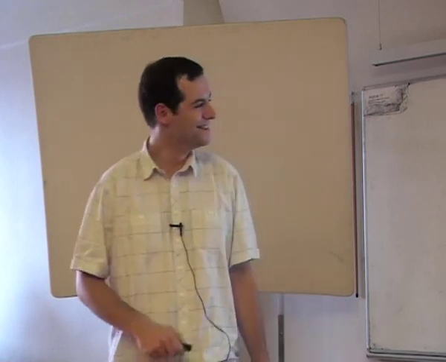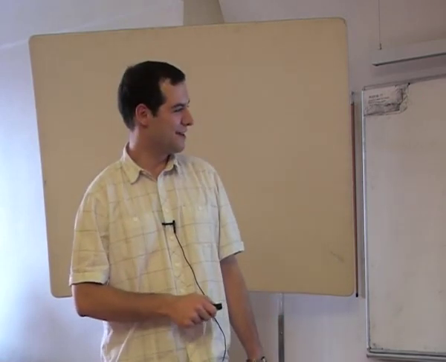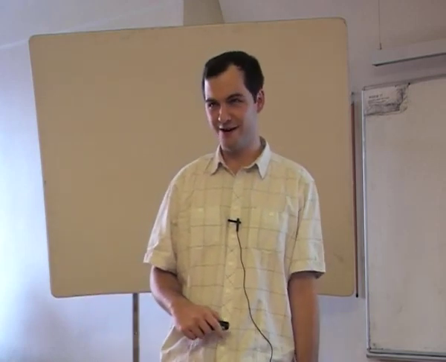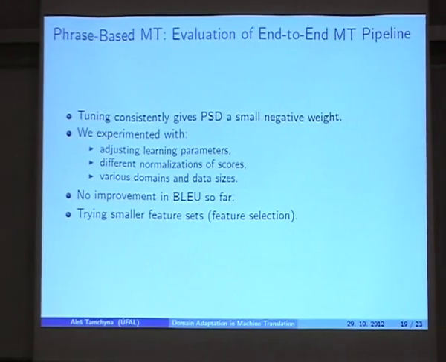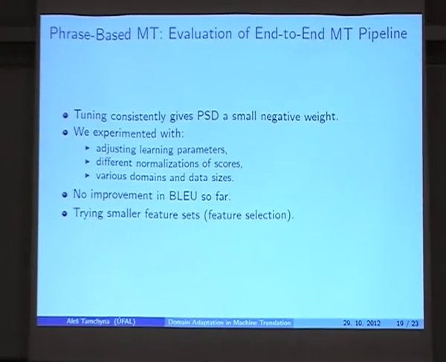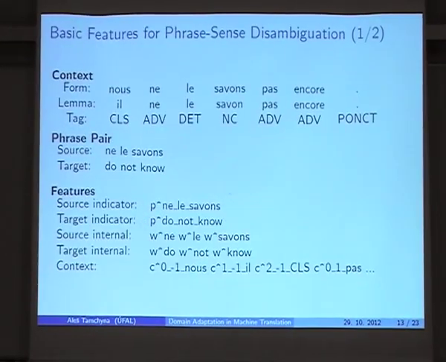So we experimented with a lot of stuff. We found a number of bugs along the way, but they are gradually less and less important. And we don't have an improvement so far. And now we are trying to do some feature selection. We have a lot of features, as you saw back here.